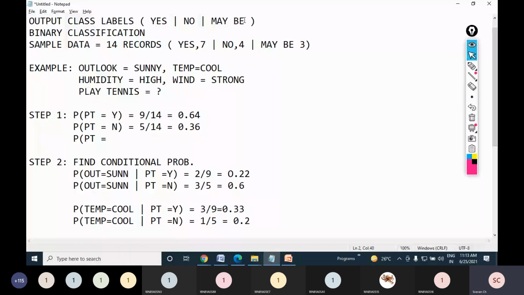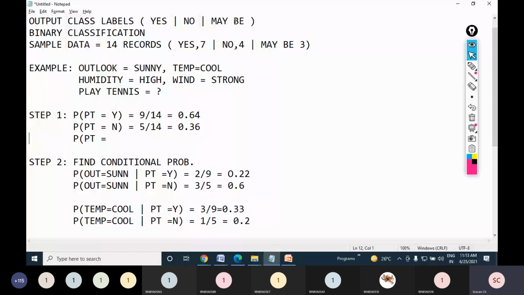Let us say tied. Match is tied. Without playing, match is tied, or match is cancelled. Something like that, some other parameter. Okay, fine. Let me put it maybe. So like that, if I have more than two classes, I'll repeat this on my third one also.